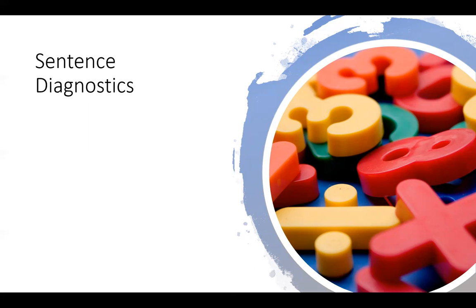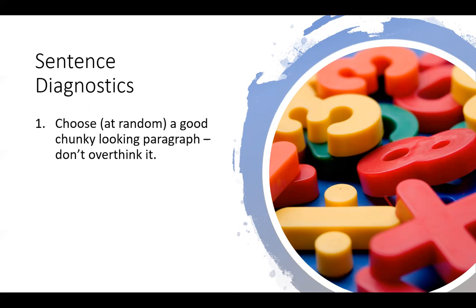And to start looking at that, I want you to choose, just at random, a good chunky looking paragraph in your writing. This could be in your introduction, it could be in your discussion, it can be anywhere in your example of writing. It doesn't matter. It doesn't even have to be an academic example. That's up to you.